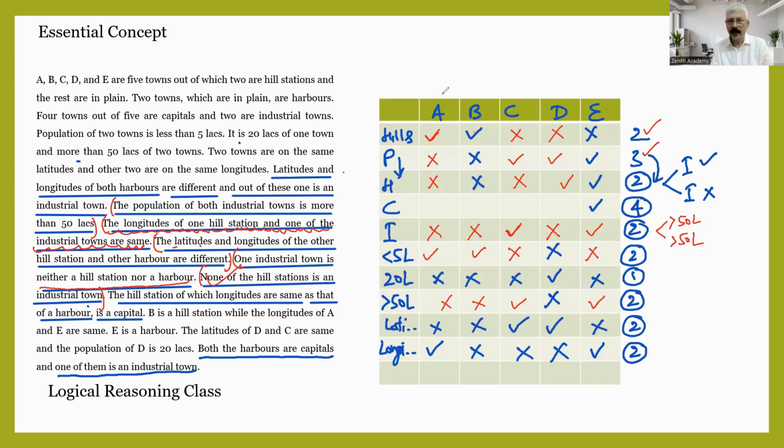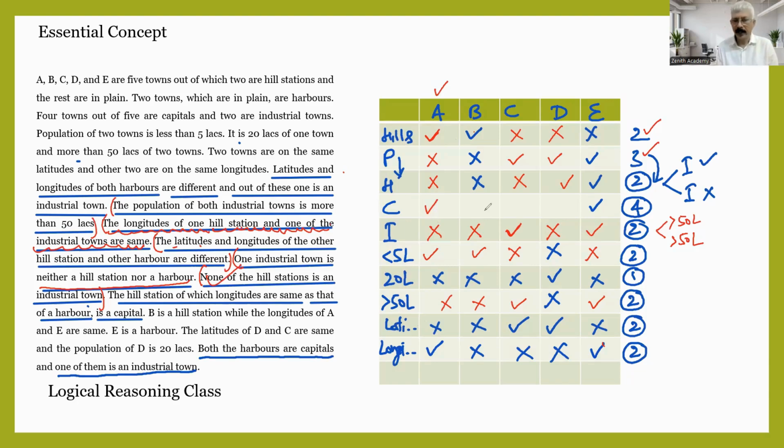A is a hill station of which longitude is the same as that of a harbor, E, which is a harbor. So A is a capital. Okay.